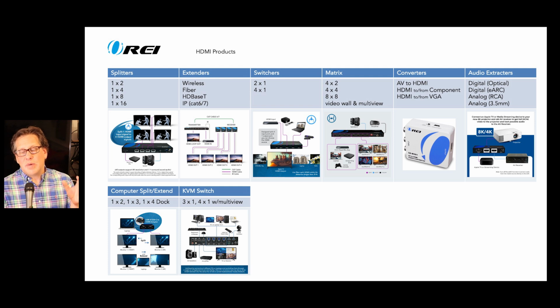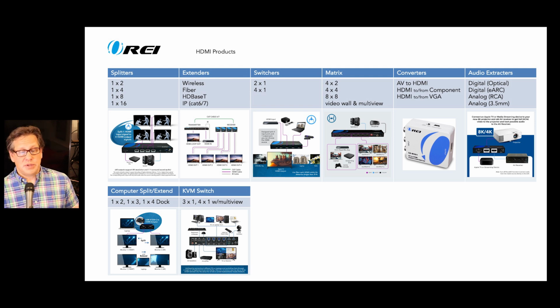And they have audio extractors. If you have an older television that doesn't support ARC or eARC, and it doesn't have an optical or an RCA audio output on it, these audio extractors can be very useful. I particularly think their eARC option is very good, because even my television behind me doesn't support eARC, it only supports ARC.